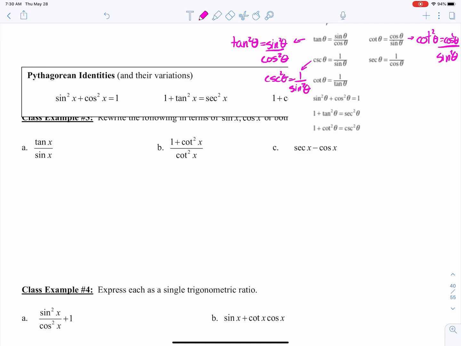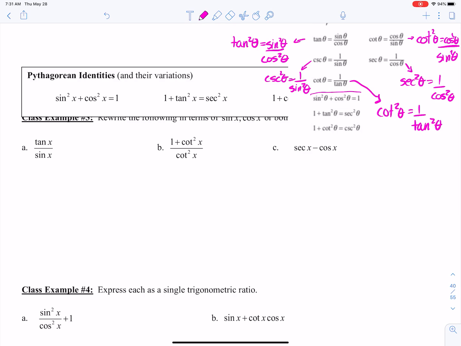And it works for this one. And it also works for this one. And it's going to help us in proving. But we can't mess with any of these with squaring both sides.